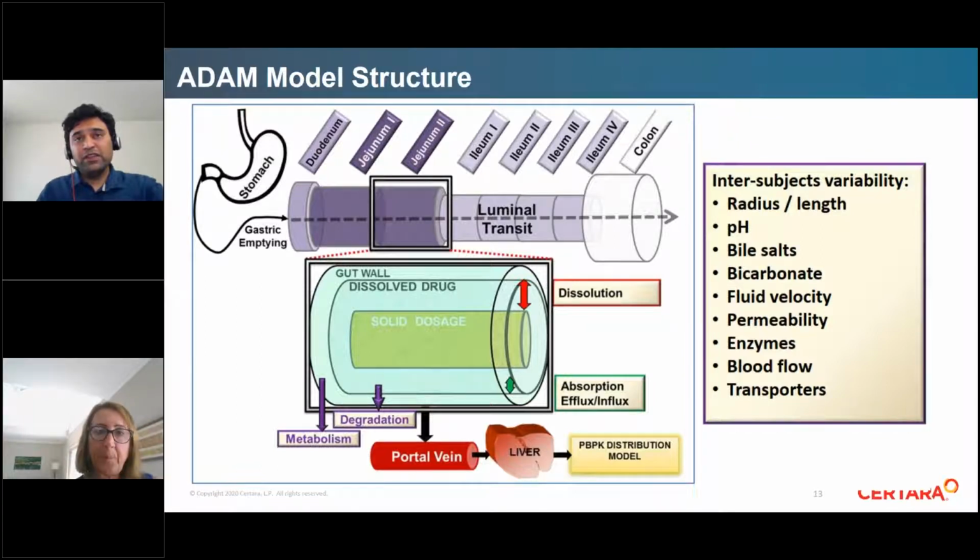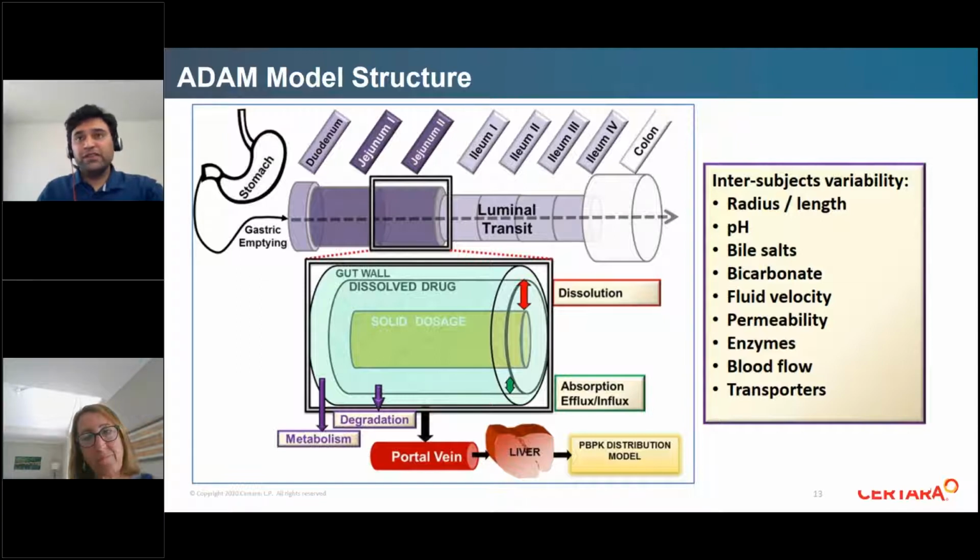Plus, on top of that, the model is also supported with variability, and this is quite critical. It requires lots of effort to understand this and derive these parameters from scientific literature and then make them into usable parameters that can support the model.